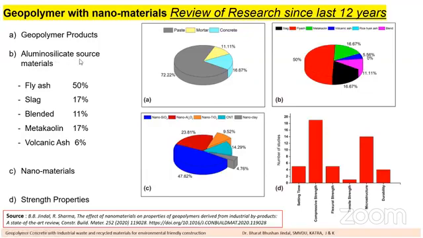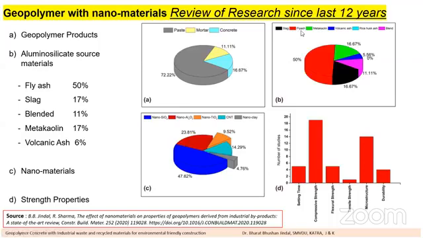Now, what are the various aluminum silicate sources, that means precursors? You can see in graph B. Slag was used by many researchers, fly ash was used, metakaolin was used, volcanic ash, rice husk ash, and blends of any one or two. From this graph, you can check that even 50% of the research was contributed with the help of fly ash.